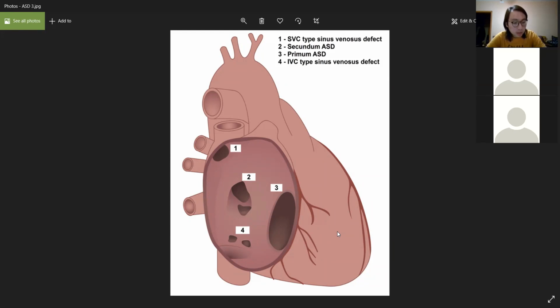AV canal, AV septal defect, partial AV septal defect, partial atrioventricular septal defect. But where the defect is skewed towards is the thing that makes the difference.